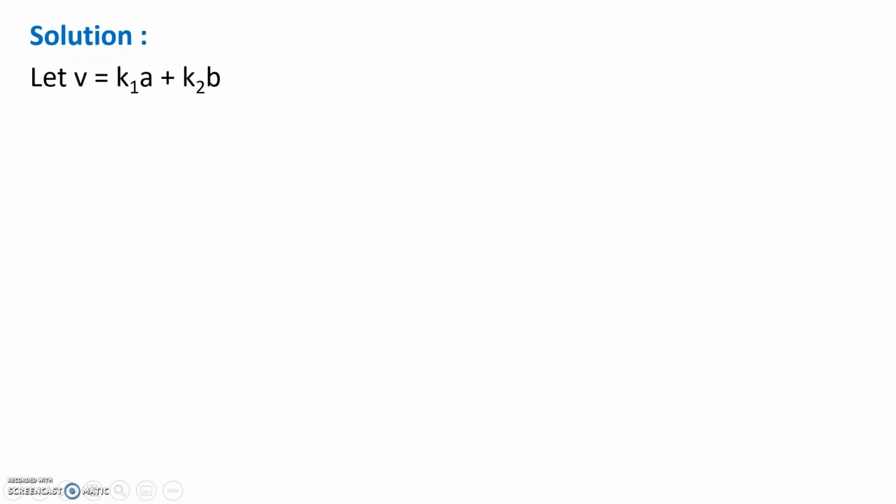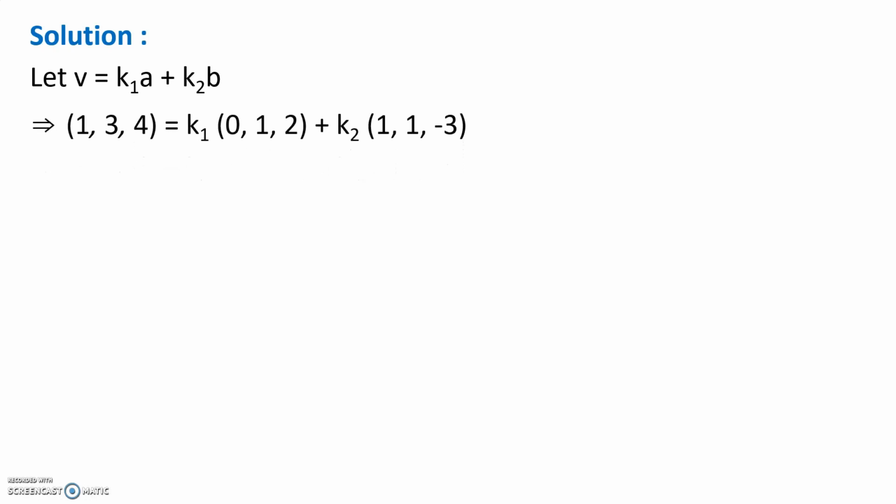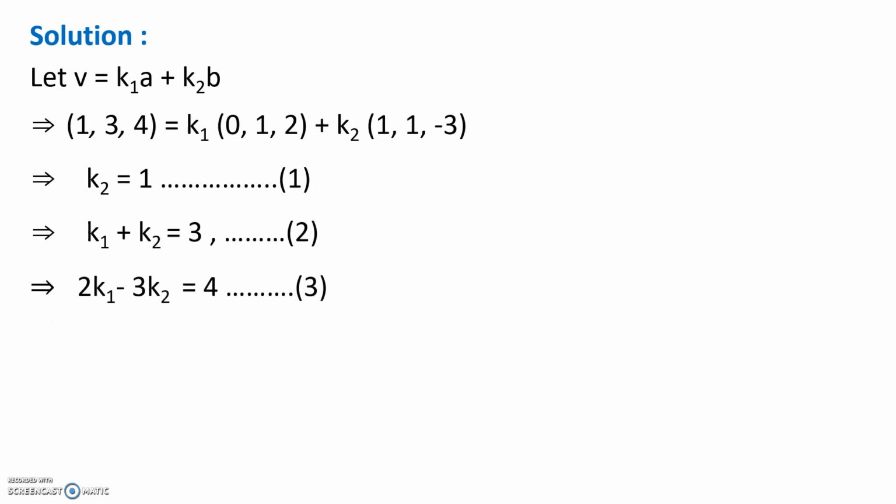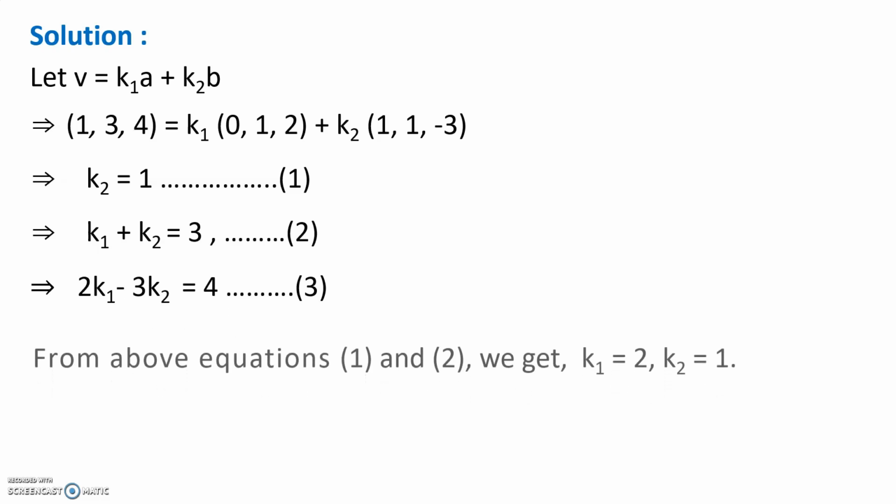Suppose v is a linear combination of vectors a and b, then we can write v is equal to k1a plus k2b. Substitute the values of v, a and b in the equation. We will get 1, 3, 4 is equal to k1 into 0, 1, 2 plus k2 into 1, 1, minus 3. By simplification, we will get k2 is equal to 1, k1 plus k2 is equal to 3 and 2k1 minus 3k2 is equal to 4.